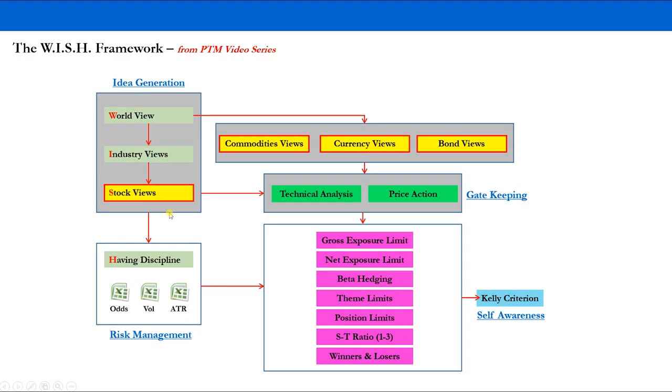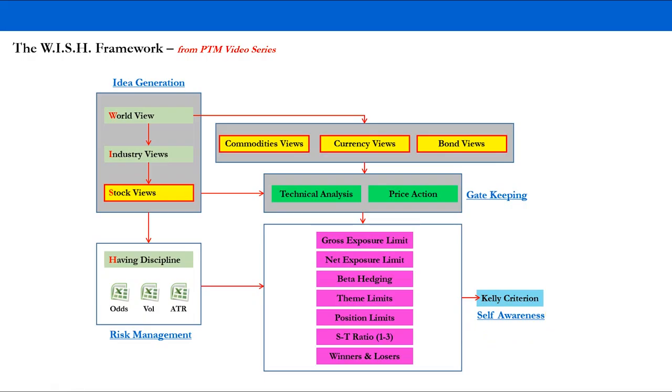So for viewers who haven't seen this already, in the PTM video series, our systematic process was made up of four main key areas. And this is in idea generation, followed by the gatekeeping process, followed by risk management, followed by self-awareness statistics.